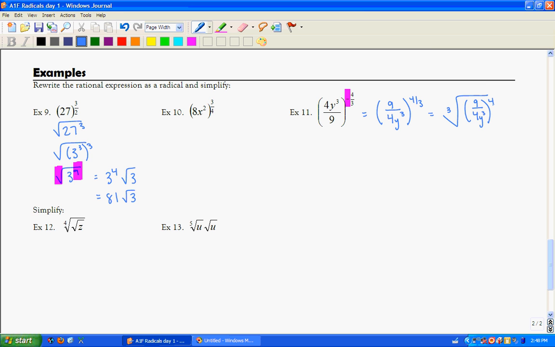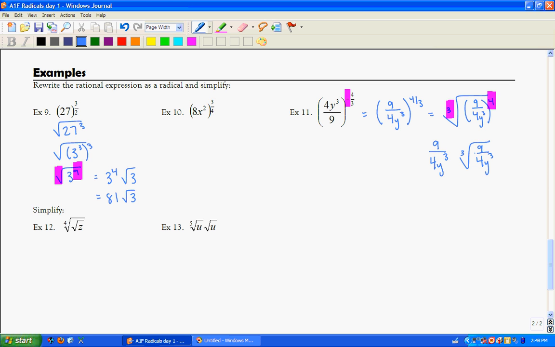And it's not in simplest form since the exponent is bigger than the index. So you could ask yourself, how many times does 3 go into 4? It goes in there once. And you would have 1 left over.